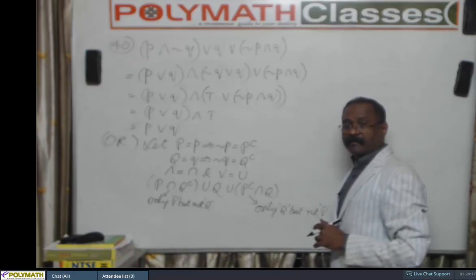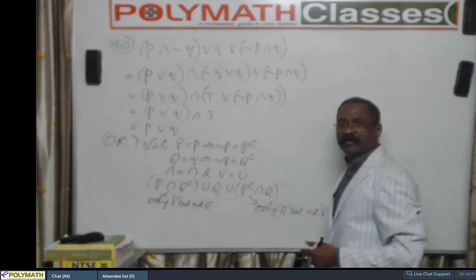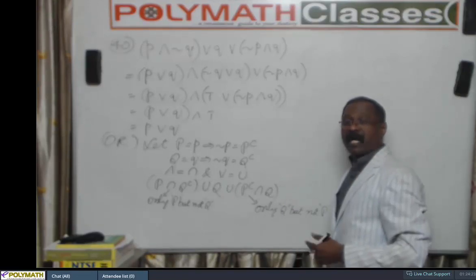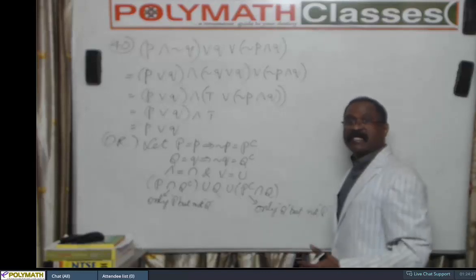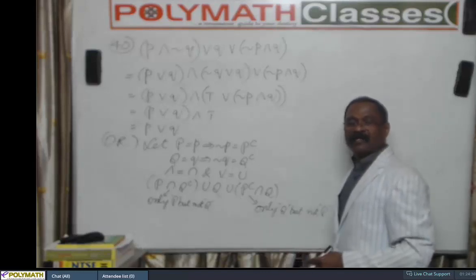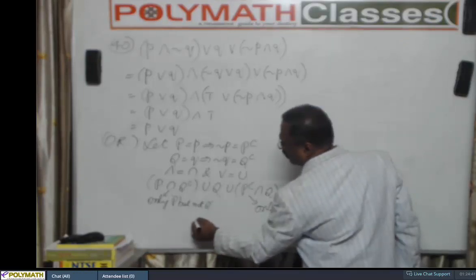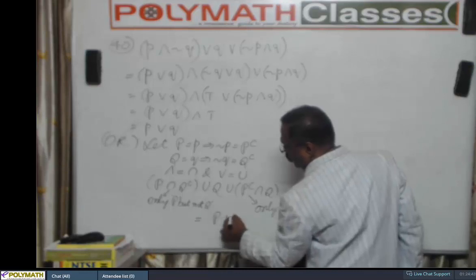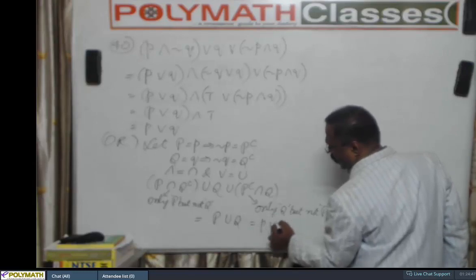But because you are given union Q there, union means or over or. This Q contains obviously the intersection. So thereby, you have to understand that every part of P and Q is covered. That means it is P union Q, which is nothing but P or Q.